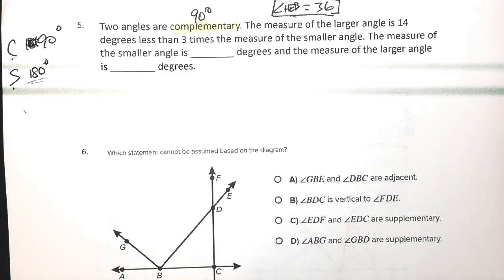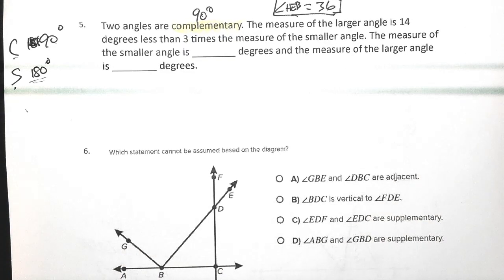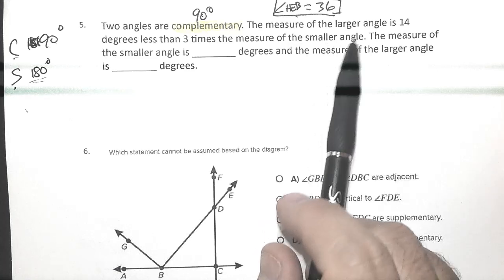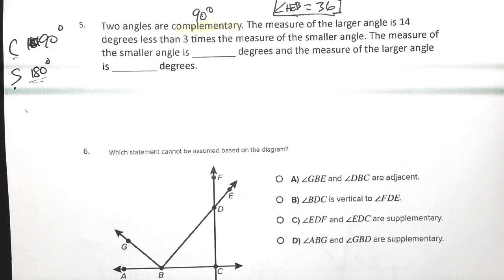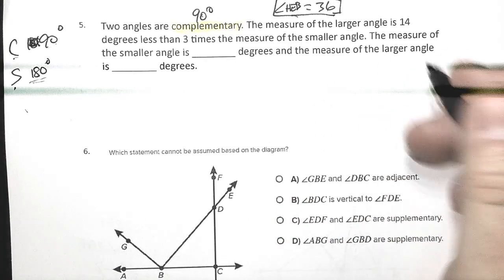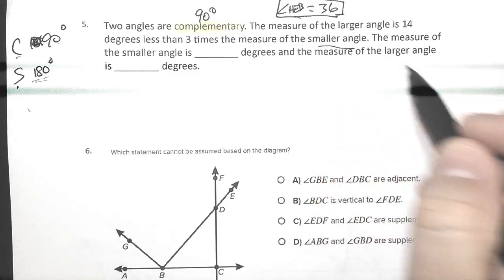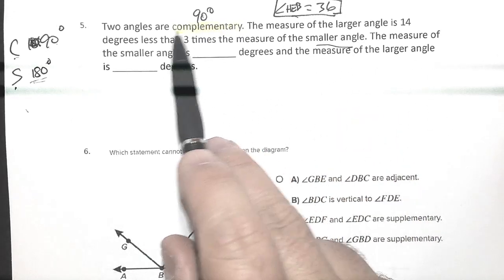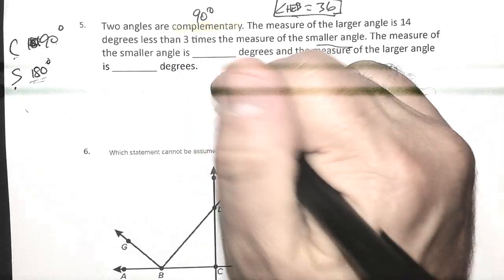Also remember, 99 times out of 100, when we have these word problems that have a larger and a smaller, whether it's an angle or a line segment or whatever, smaller is going to be x. So let me start setting that up. Complementary, two of them equal 90.